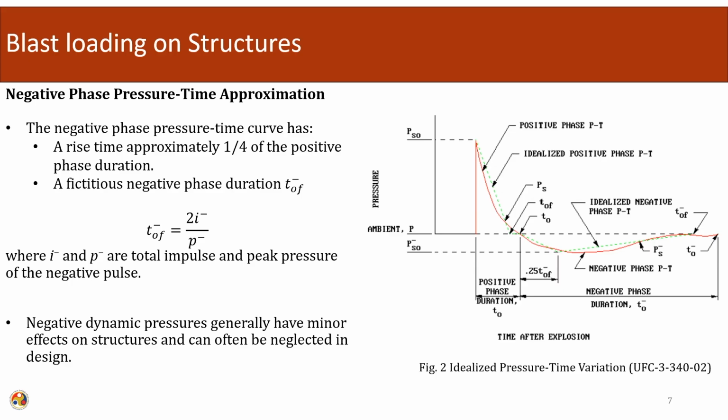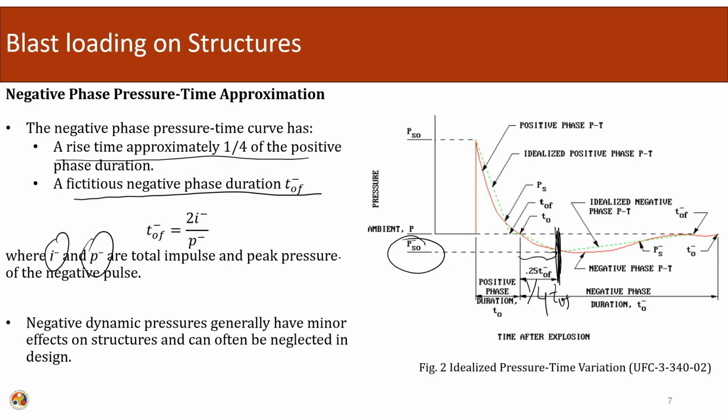There is a rise time approximately 1/4 of the positive phase duration. So, we calculate a negative phase duration, where I negative and P negative are the total impulse and peak pressure of the negative pulse. Similarly, the same treatment is done for the negative phase also.